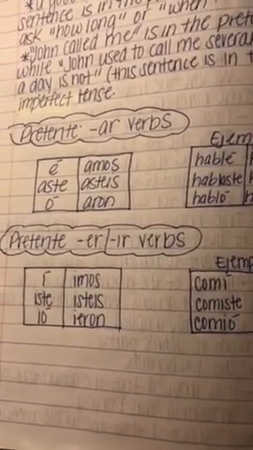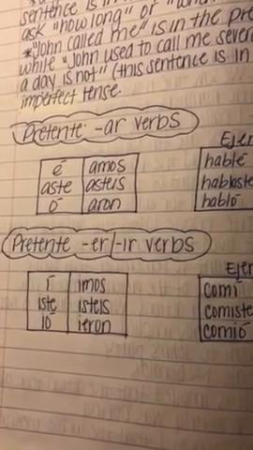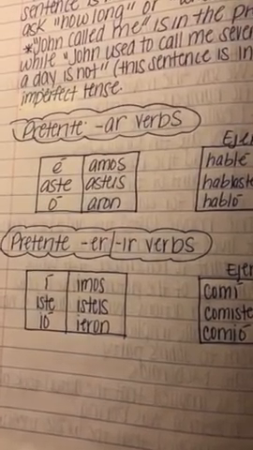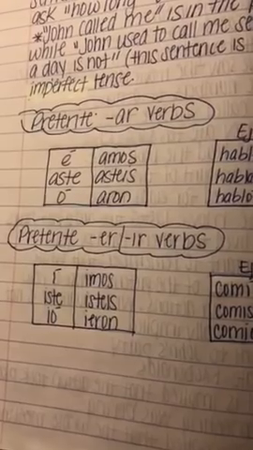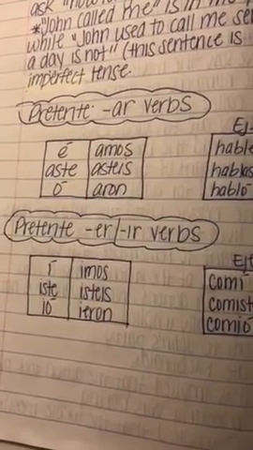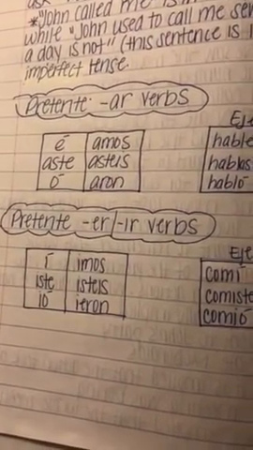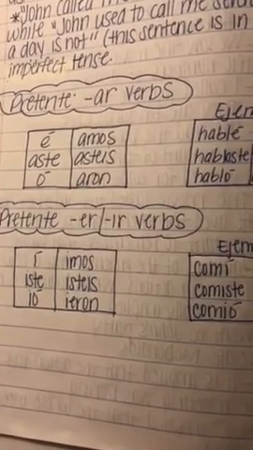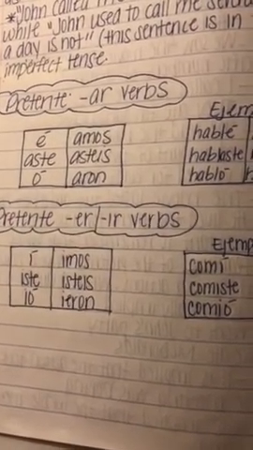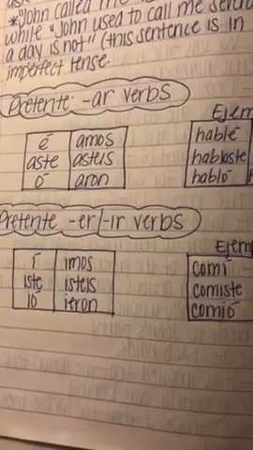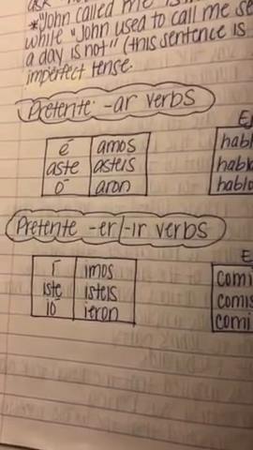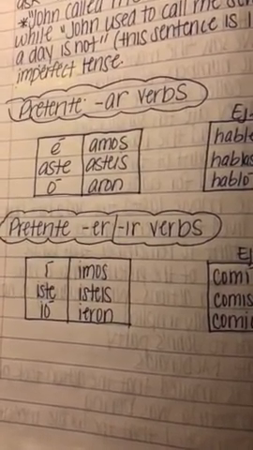So that's all we're doing right now. And we're talking about preterite tense, which is specifically something started and ended in the past tense. And we know when that happened. Or we can assume when it happened.